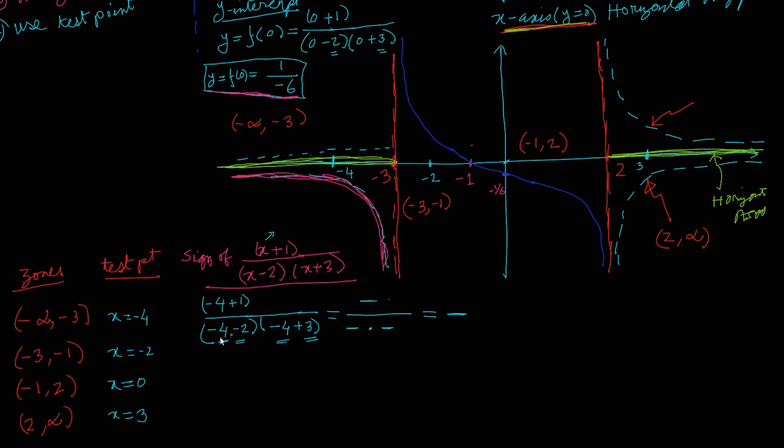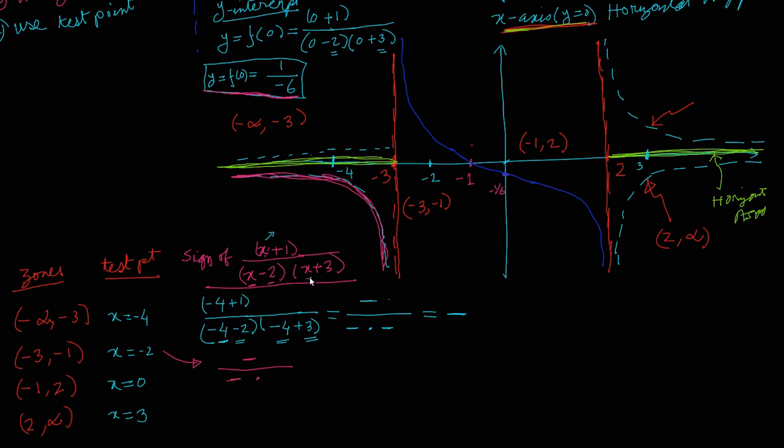Now let's look at the second zone, x equals negative 2. Negative 2 plus 1 is negative. Then negative 2 minus 2 is negative 4, so it is negative.